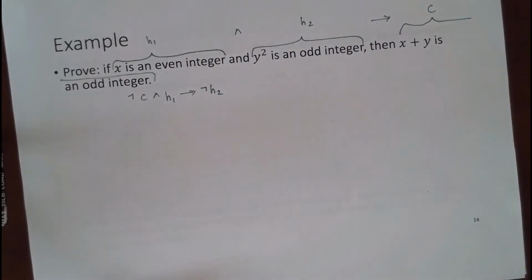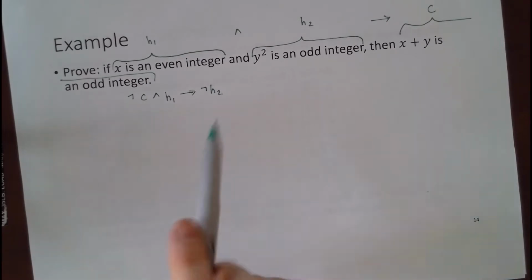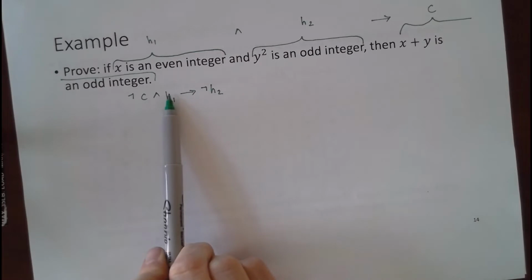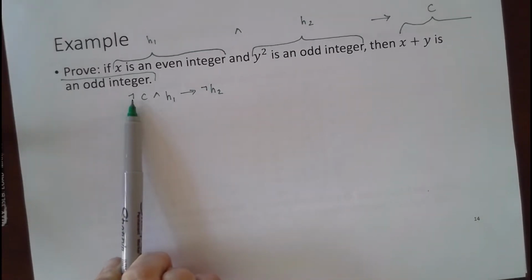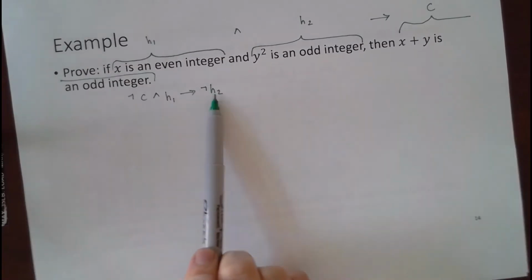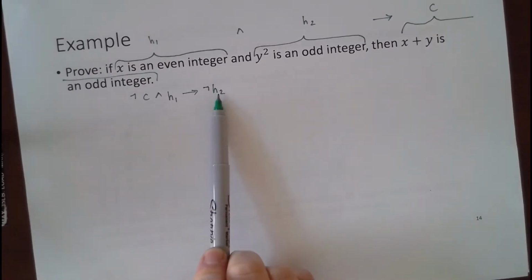So we just proved on the previous page that that would be logically equivalent to the original statement. We can leave one of the hypotheses there, put the negation of the conclusion as a hypothesis, and the negation of one of the other hypotheses as the conclusion.